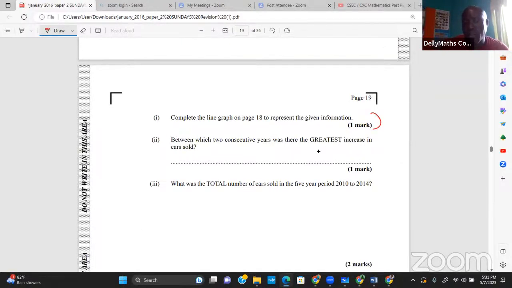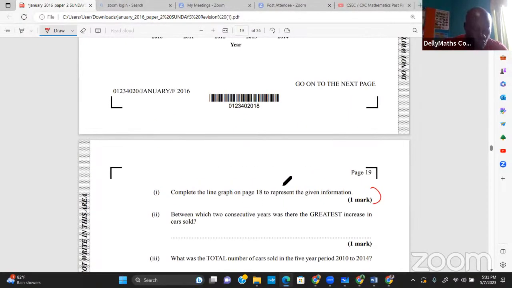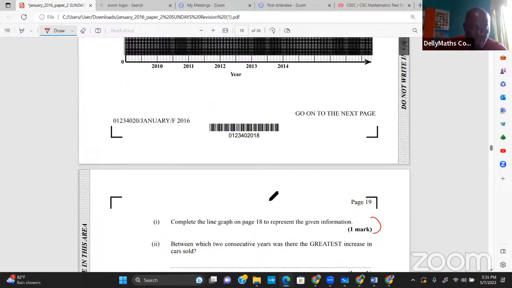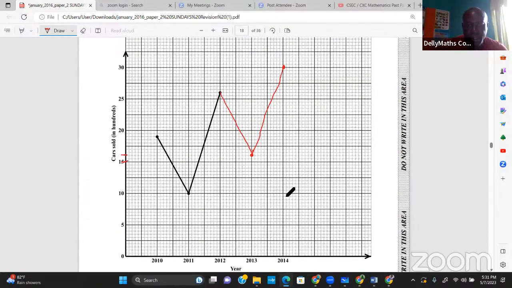So there are questions coming now. It says, between which 2 consecutive years was there the greatest increase in cars sold? Look for yourself. When did you see the biggest jump?